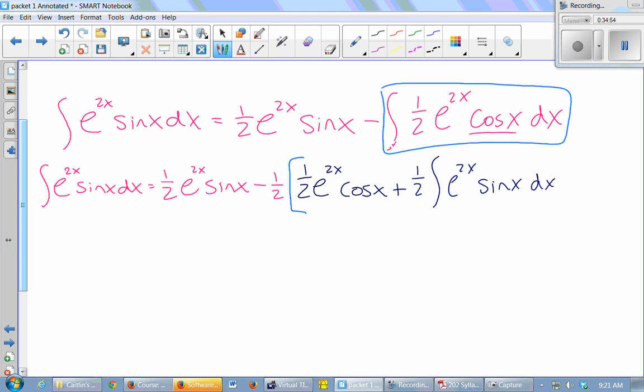Because I took this 1/2 and I pulled it out of the integral, so it's right here. Sorry, this 1/2 I put over here, and then just evaluated the integral on the next page.